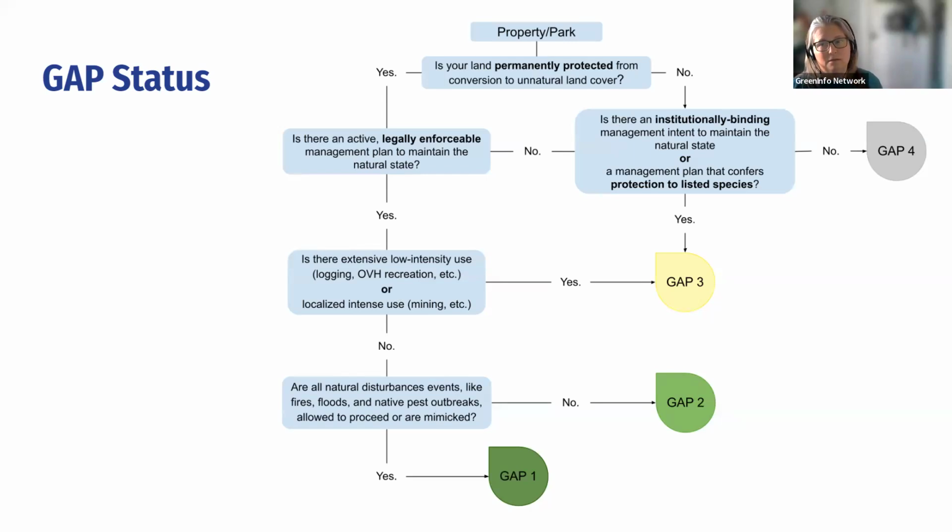The gap code system is developed and maintained at a national level, coming out of USGS, and once you apply it at the local level, there's a lot of nuance that a federal agency is not going to be able to know about all of these properties. So it was deemed that those closest to the land, managing or owning it, are the most appropriate to assign those gap codes.